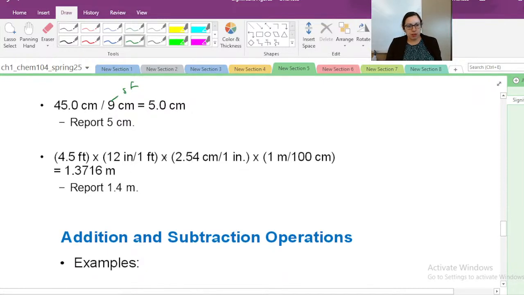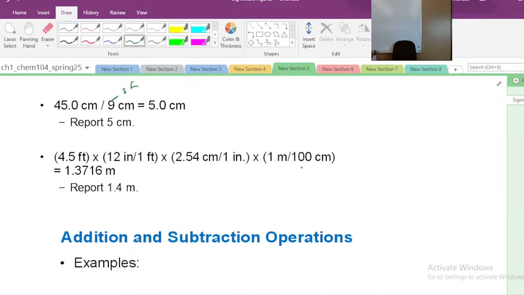And then what do you notice about this last example? How many sig figs do we have? What are we limited by? What number should we look at for the last one?